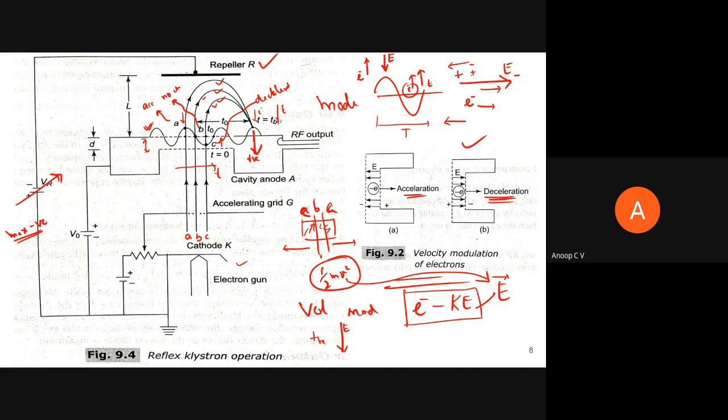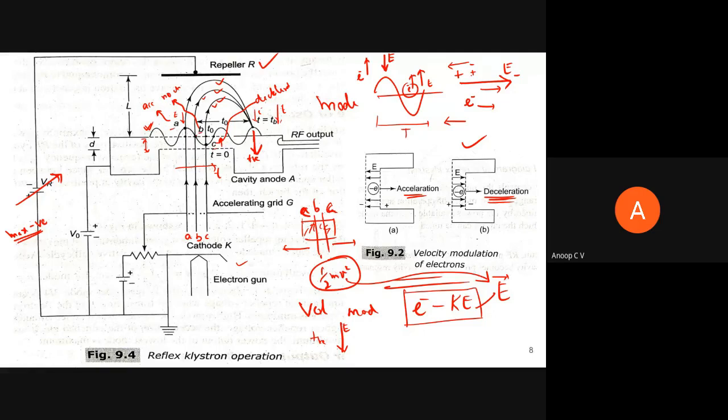A is the electron which enters the grid cavity when there is a positive peak, or the electric field is directed downwards. B is the reference electron which enters when there is no field, at V equal to 0. And C is an electron which enters the cavity during a negative peak, or the electric field is directed upwards. So A will be accelerated, B won't be affected, C will be decelerated.